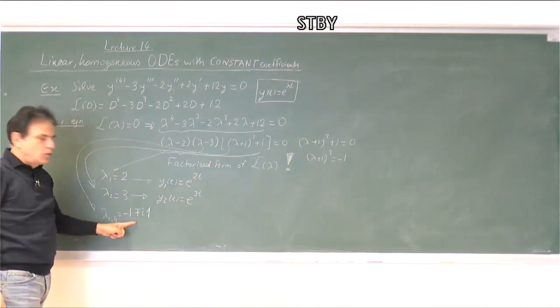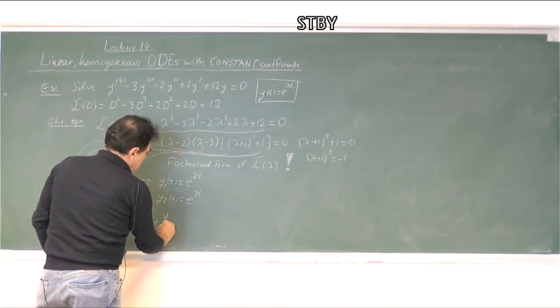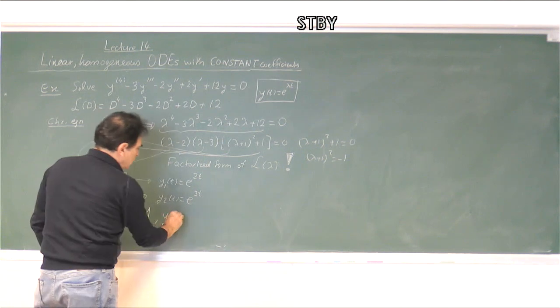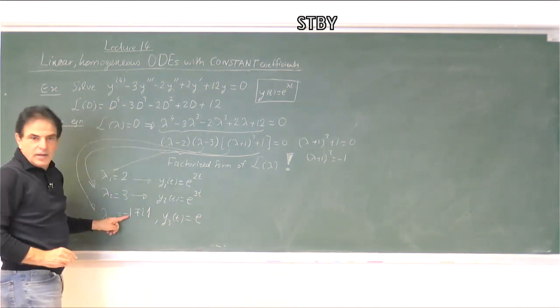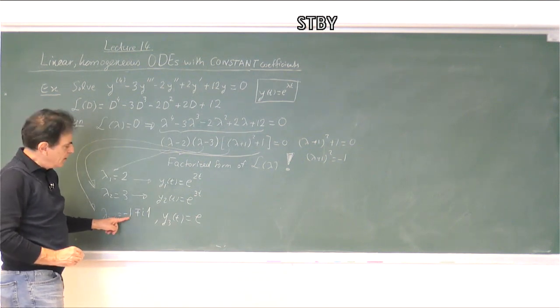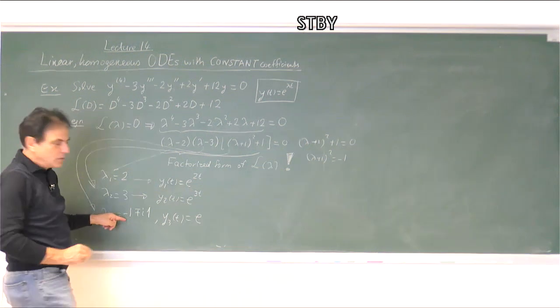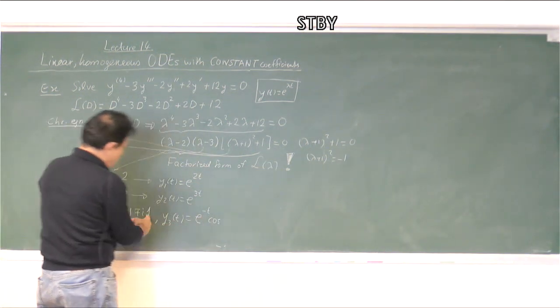And case 2 suggests that the third solution is e to the power of the real part of the complex root, so e^(-t) times cos bt.